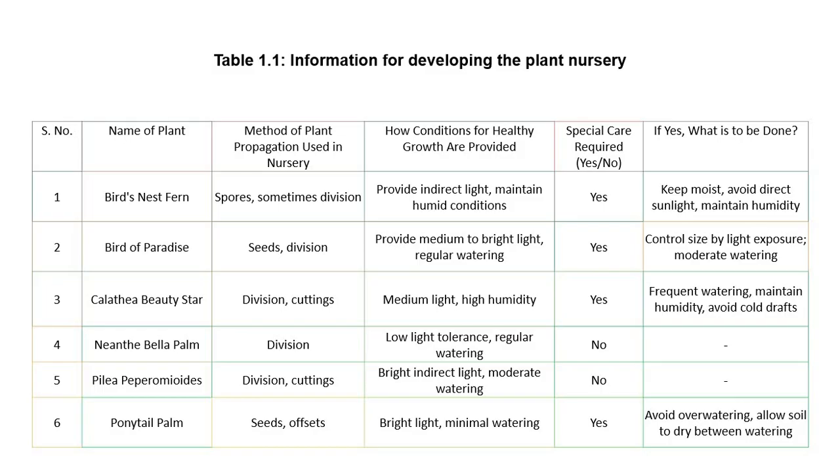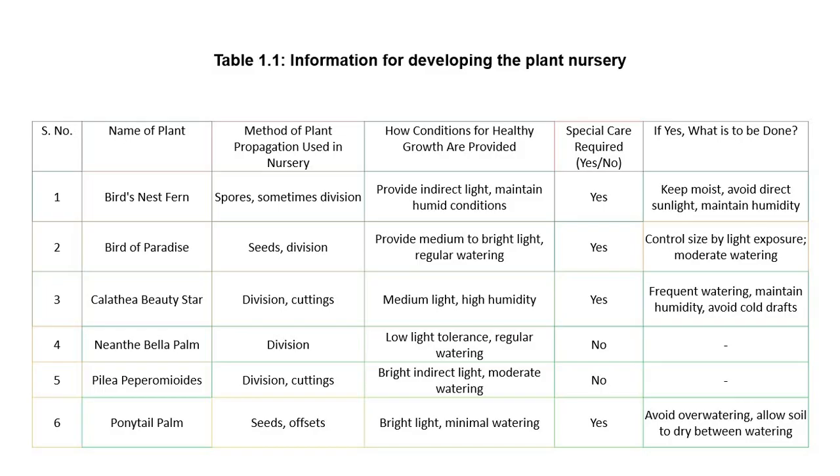Bird of paradise. Method of plant propagation, seeds, division. Conditions for healthy growth, provide medium to bright light, regular watering. Special care needed, yes. What is to be done? Control size by light exposure, moderate watering.